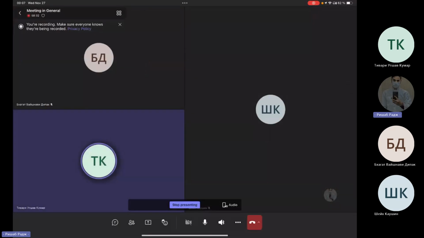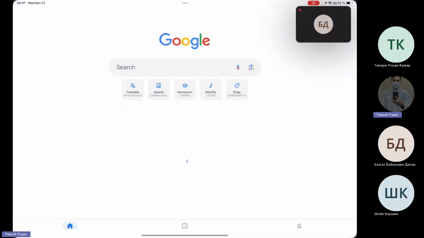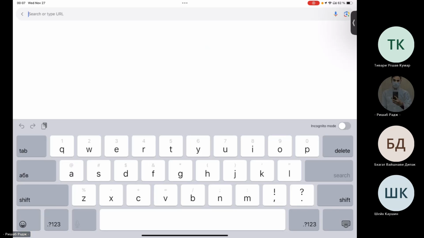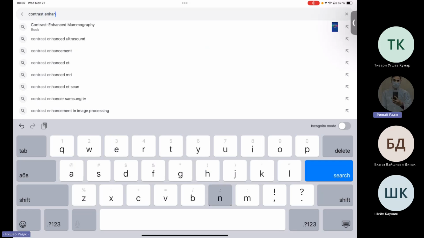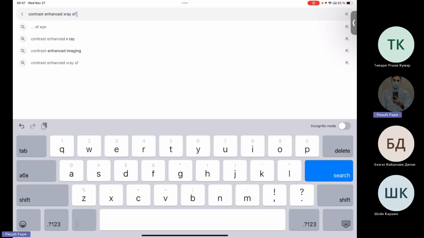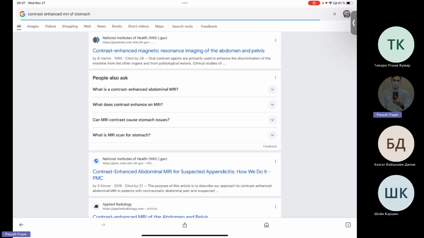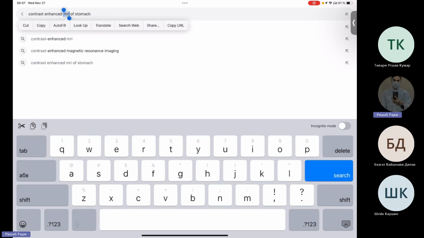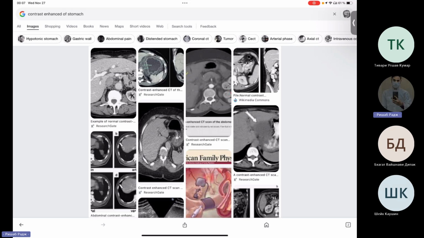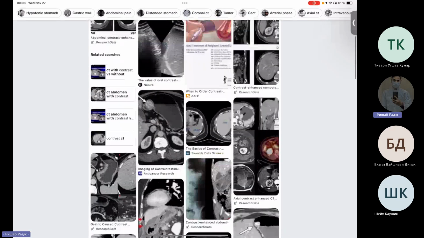Wait, I had to show you the X-ray image, right? I had told you guys to remind me, but you forgot. Very bad. X-ray contrast of the stomach. You won't be studying radiology right now, but you would know enough anatomy that you would be able to see all the structures.